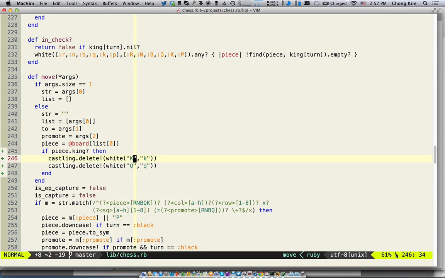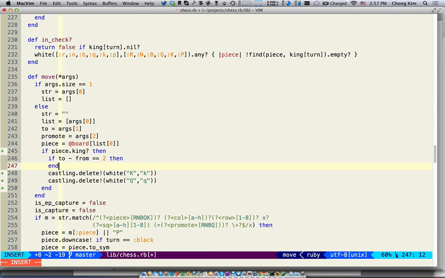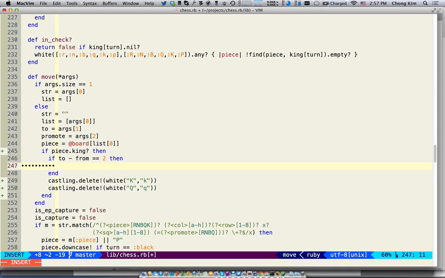So okay, we know it's a king move, and we can put some additional things in here saying that if to minus from is equal to 2, okay, this means that it's castling king side, then we need to move the rook that's on the h1.